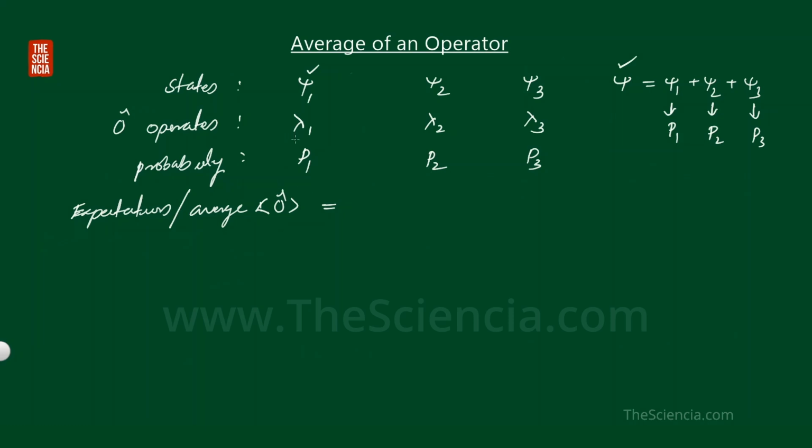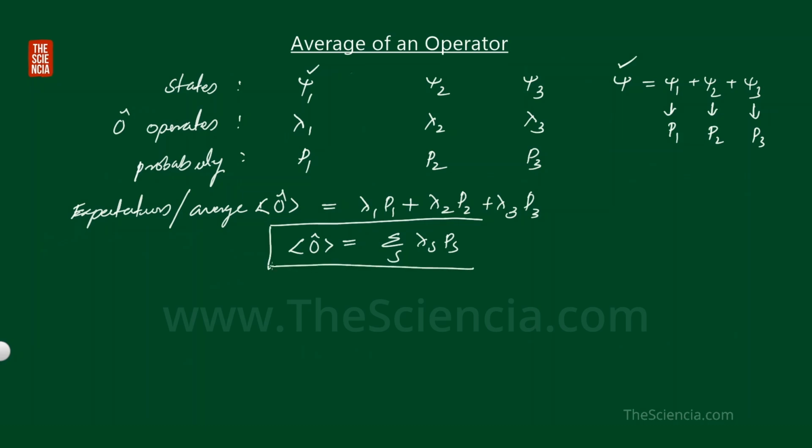That will be equal to lambda 1 P1 plus lambda 2 P2 plus lambda 3 P3. We can write it as a summation over states lambda s Ps. That is, the expectation value or average value of an operator is equal to the summation over states lambda s Ps, where lambda s is the eigenvalue.